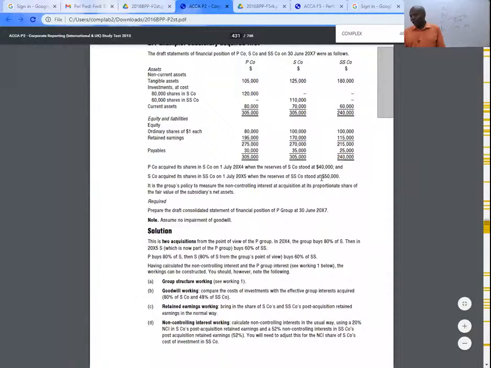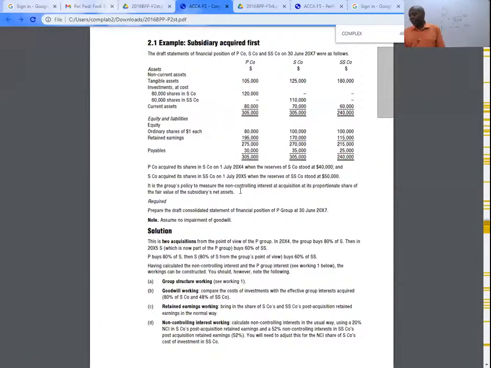It is the group's policy to measure the non-controlling interest at acquisition at its proportionate share of the fair value of the subsidiary's net assets. Ladies and gentlemen, remember NCI. We could either give NCI the proportionate share of the subsidiary's net assets, or we value their interest at fair value.